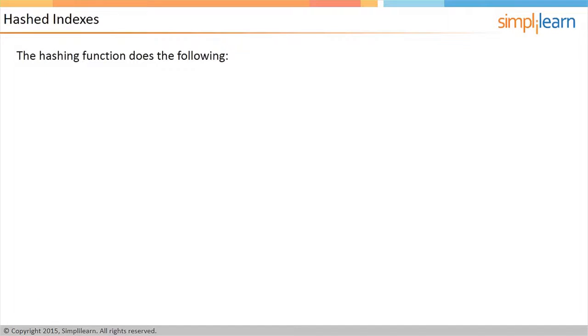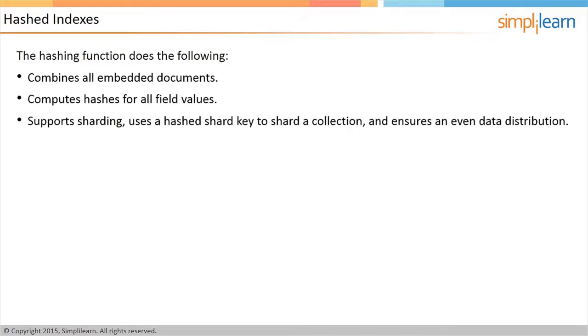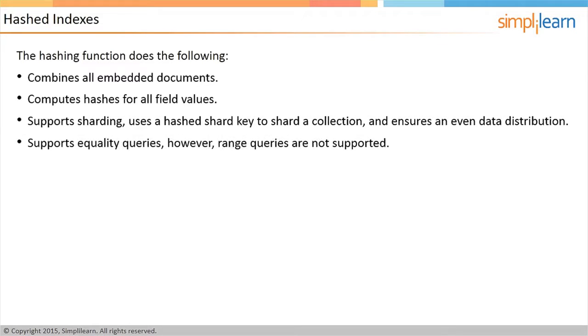The hashing function combines all embedded documents and computes hashes for all field values. However, it does not support multi-key indexes. Hashed indexes support sharding. These indexes use a hashed shard key to shard a collection. This ensures an even distribution of data. MongoDB uses hashed indexes to support equality queries. However, range queries are not supported.